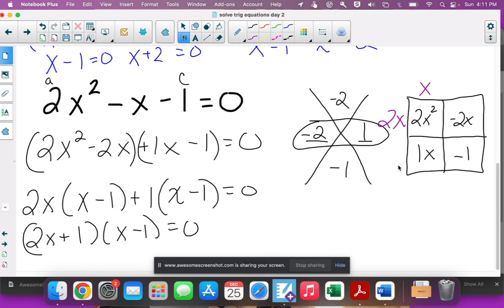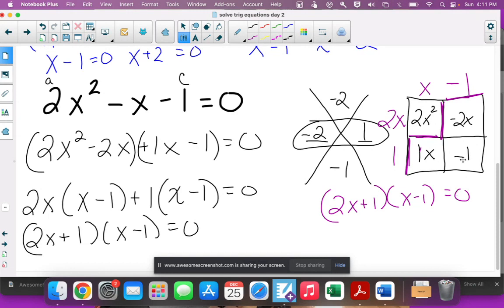We're trying not to get fractions and stuff. So basically, you're just going back and filling in the rest of it. 2x times what is going to give me -2x, has to be a -1. And then x, right up here, times what is going to give me 1x, that's just going to be a 1. So same thing, you've got 2x plus 1 and x minus 1 for your two factors.